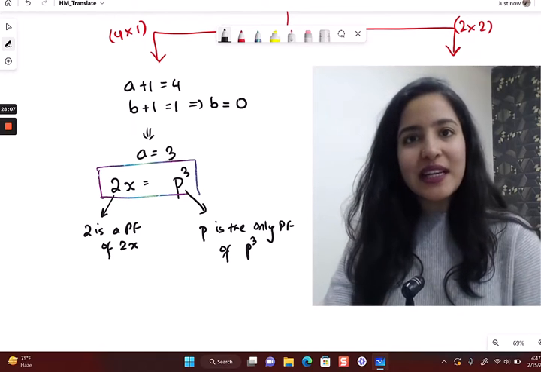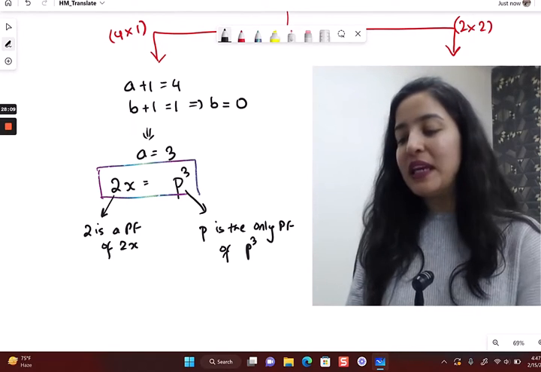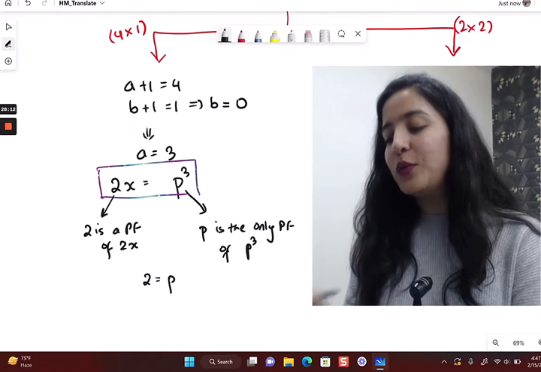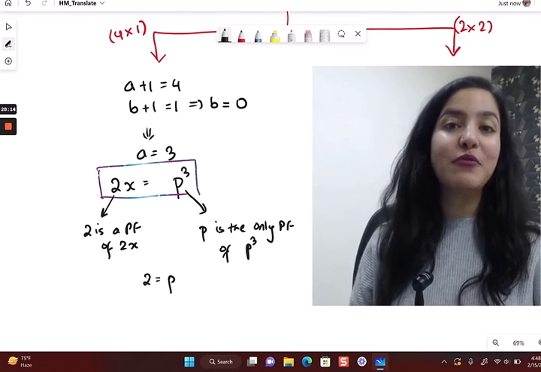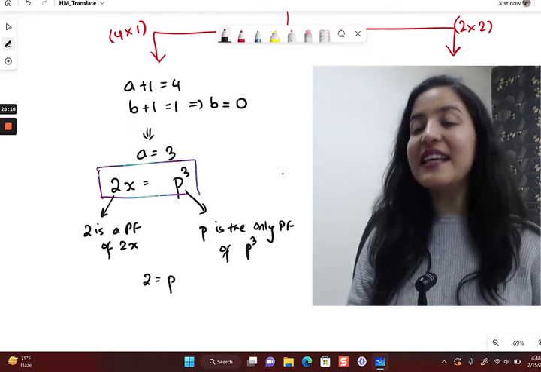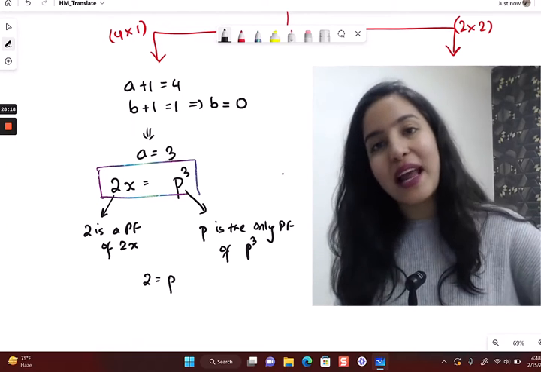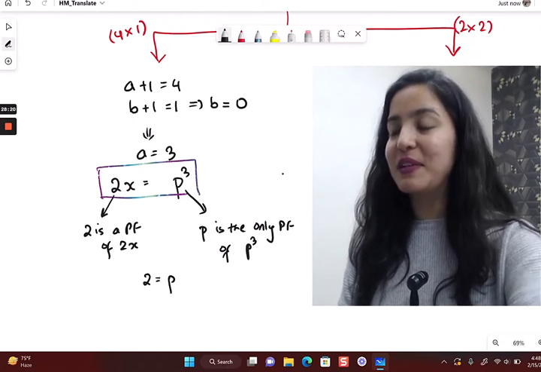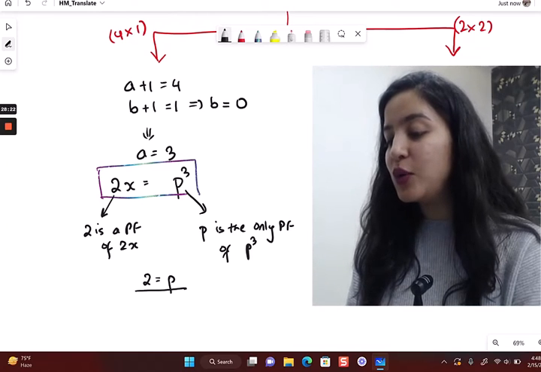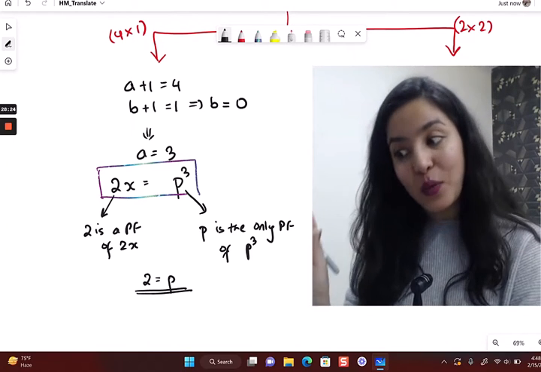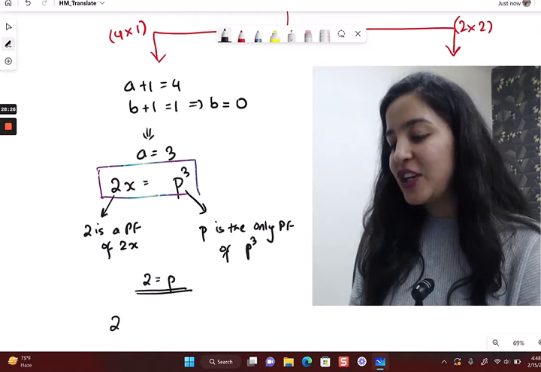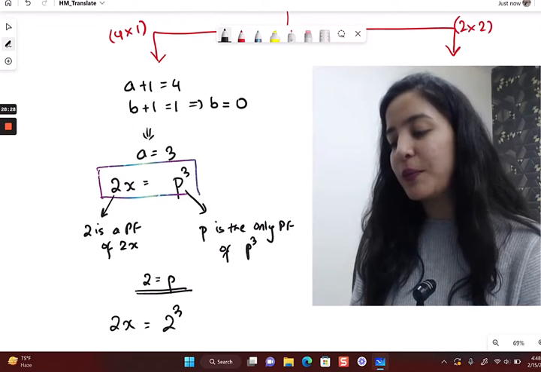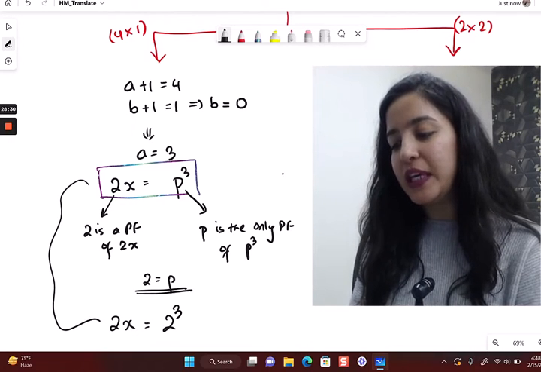Now if these two sides are equal, it has to mean that your 2 is equal to p. You can't have any other prime factor because otherwise the right side is going to have something else, and the left side will have 2 and something else. That's not possible. Alright, so from here you get 2 is equal to p, and what that then means is that 2x is equal to 2 to the power 3. I'm just putting 2 in place of p here.